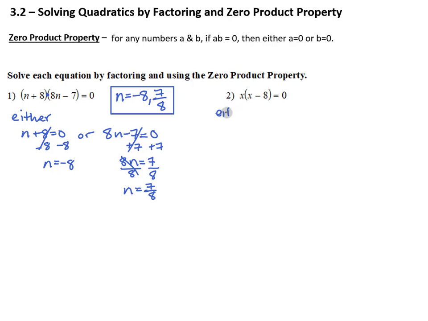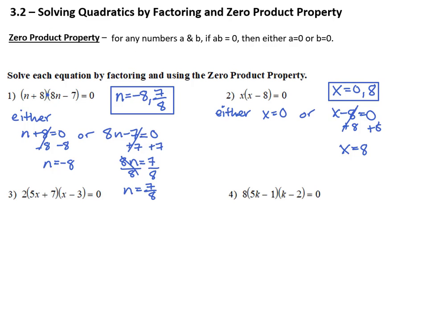So we know that either x equals 0, that's the guy outside, or the quantity inside, x minus 8, has to equal 0. This first one, we don't need to do any math with. It's already solved for. 0 is a possibility. Over here, we add 8 over, and we get x equals positive 8. So our two possible solutions there are x equals 0 or positive 8.